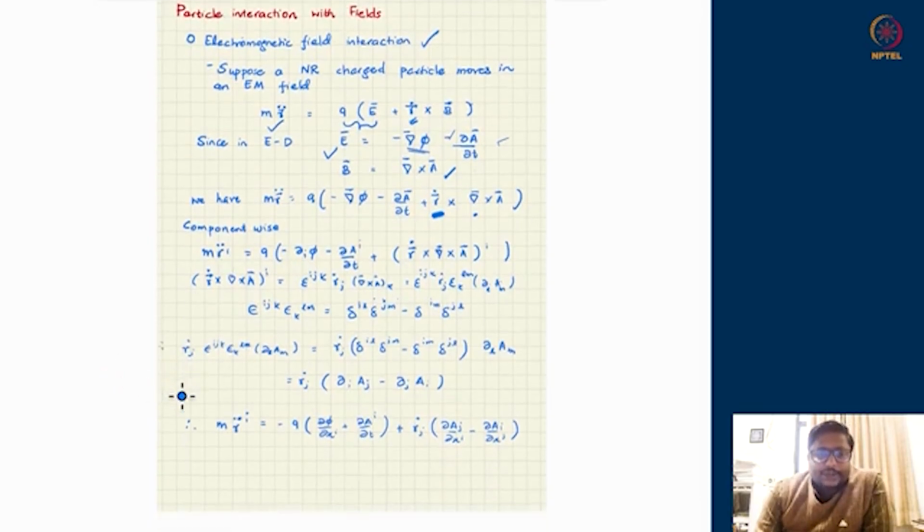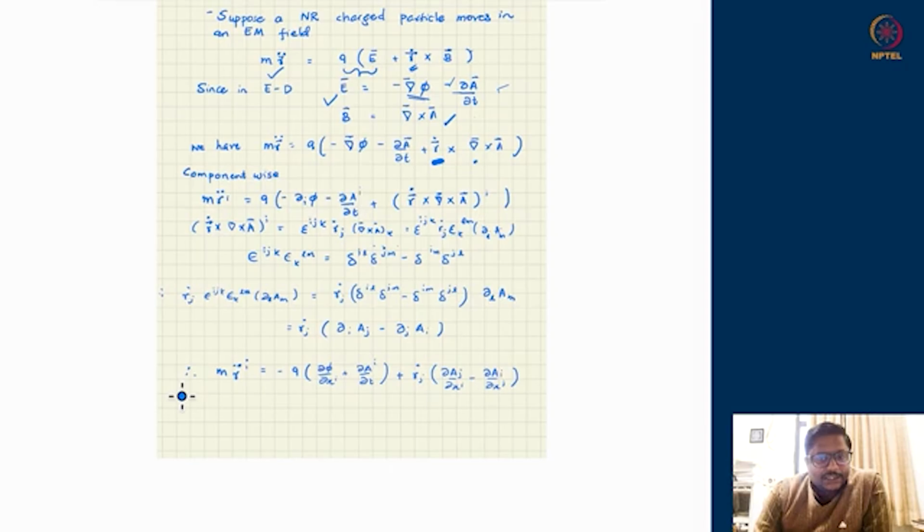There is a more compact way of writing this, which is in terms of the Levi-Civita tensor, which we have previously discussed as well. So if I have to obtain the x component of the cross product of 2 vectors, suppose this is vector A and this is vector B, I can write it in terms of the Levi-Civita tensor, epsilon ijk, and if I have to get the ith component over here, I will put that ith component as the first index of the Levi-Civita symbol, and the second and third components j and k will appear with the first vector in the cross product and then the second vector in the cross product.